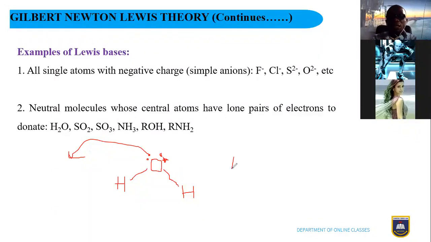Ammonia is like this: N shares two electrons with a hydrogen to the right, another one up, and another one down, because the hydrogens are three. And then there is a lone pair on the nitrogen.